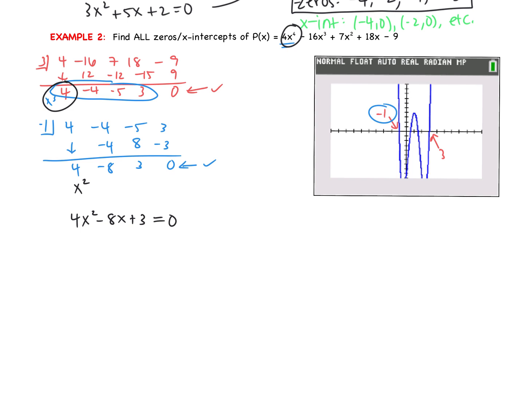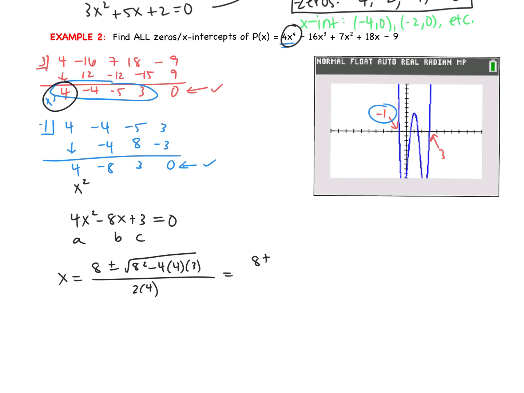I'm going to force us to do the quadratic formula now, because you're going to have to do it in your homework. Not all of them are going to factor. So let's just do the quadratic formula anyway, just to review. Here's our A, here's our B, here's our C. So x equals the opposite of b, plus or minus the square root of b squared minus 4ac, all over 2a.